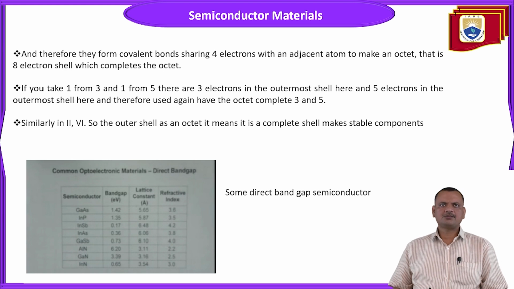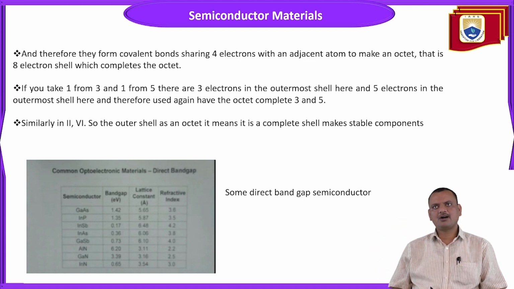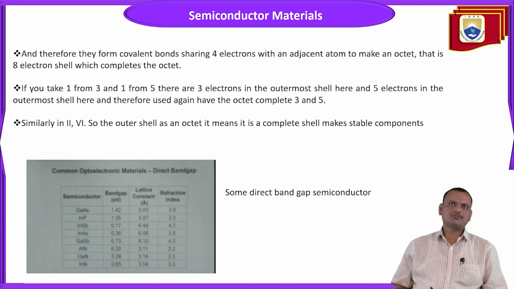So they can form a covalent bond, sharing 4 electrons if you are taking a fourth group element, with an adjacent atom to make the octet complete. That is an 8 electron shell which completes the octet.